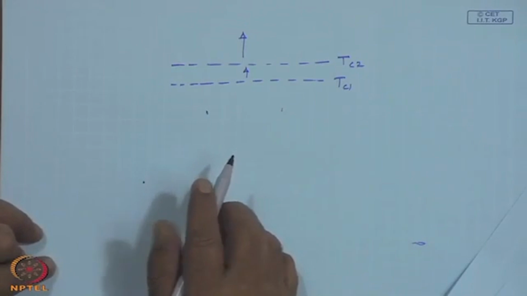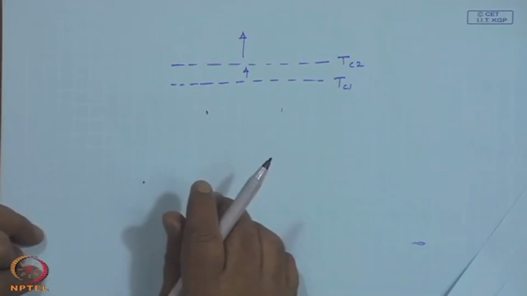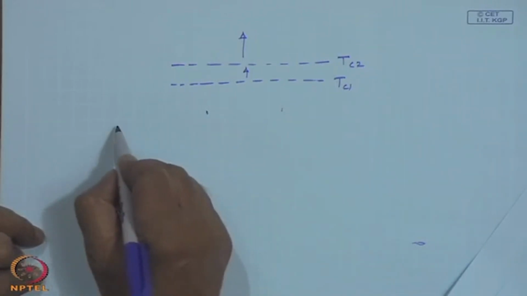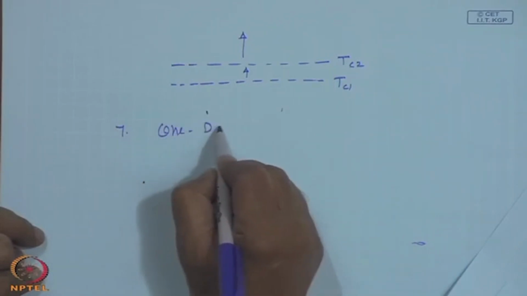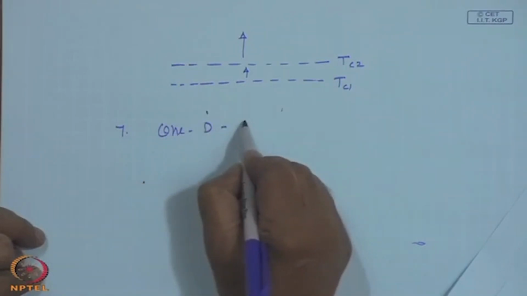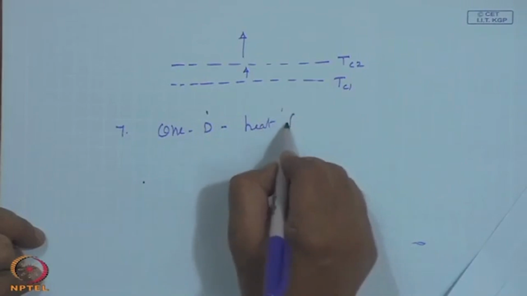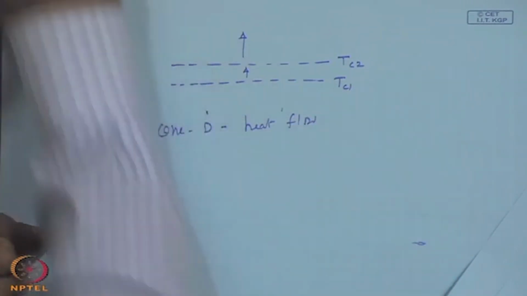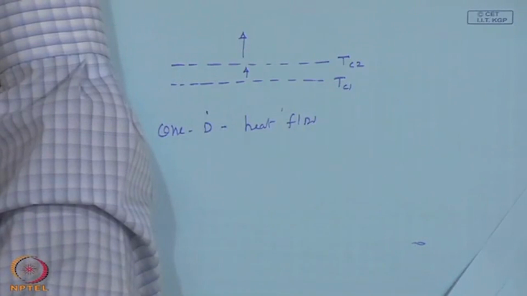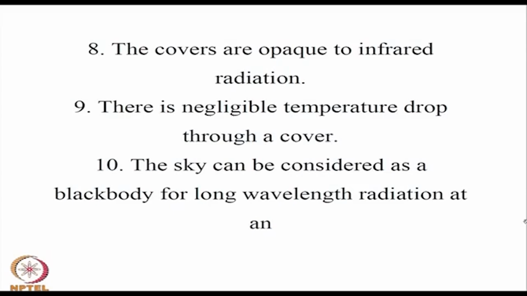Similarly, there is one dimensional heat flow from the back insulation. So, in general I can say there is only one dimensional heat flow either to the top or to the bottom. The covers are opaque to infrared radiation.